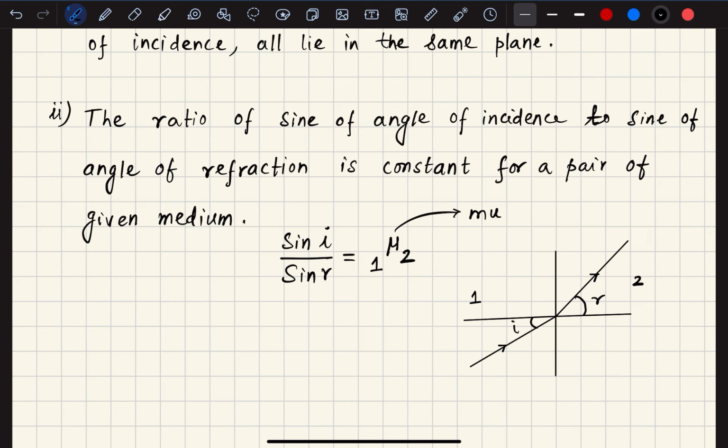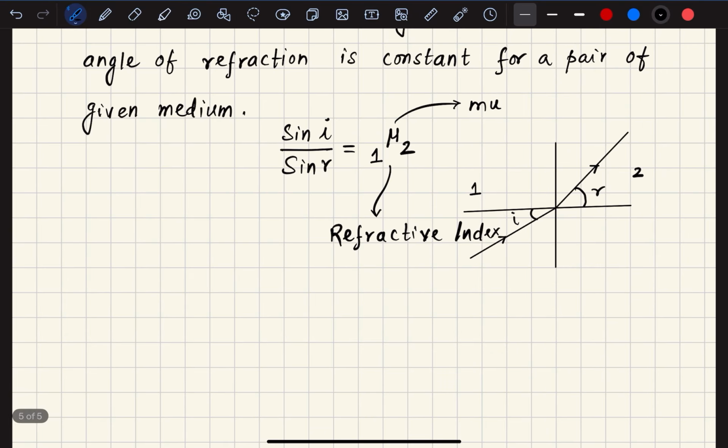So 1 mu 2. This is called the refractive index, and the refractive index is defined based on which medium the light is going to and from which medium it is coming.